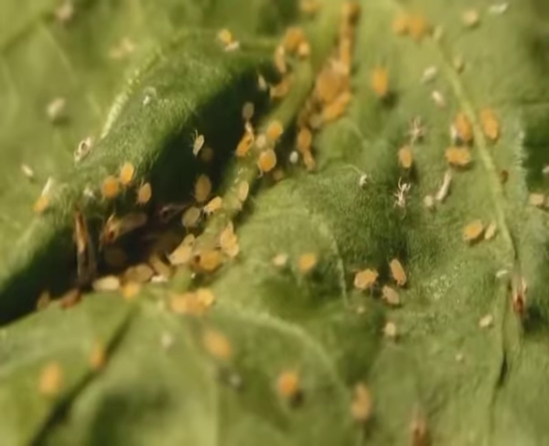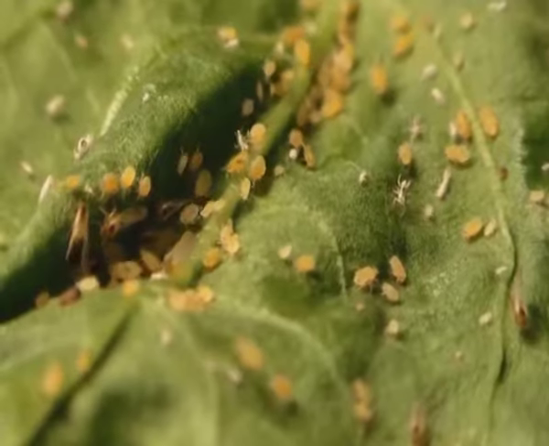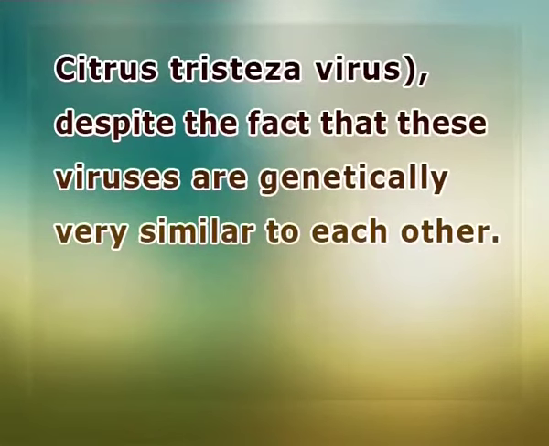Each particular virus can be transmitted by only one vector type, example, aphid, and not by another, which could be a whitefly. Conversely, each vector species, example, green peach aphid Myzus persicae, can transmit some viruses, such as the beet yellows virus, but not others, such as the citrus tristeza virus, despite the fact that these viruses are genetically similar to each other.